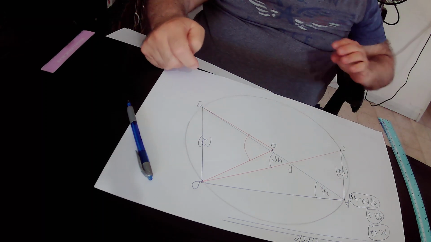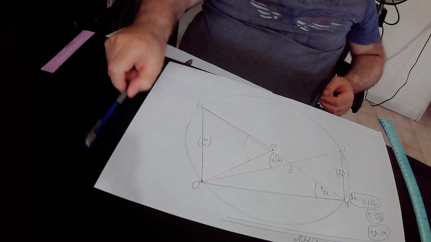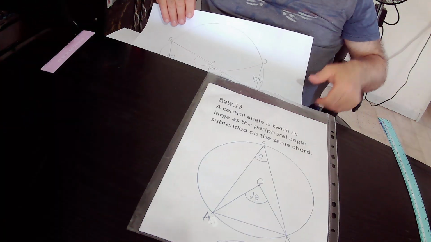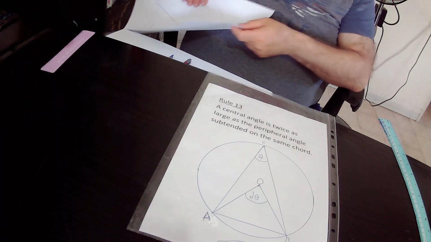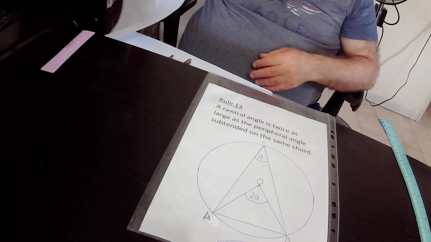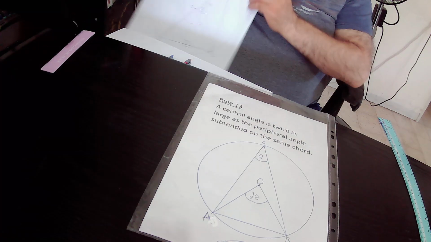So now we can implement rule 13. So I repeat quickly on rule 13. According to rule 13, a central angle is twice as large as the peripheral angle subtended on the same chord.